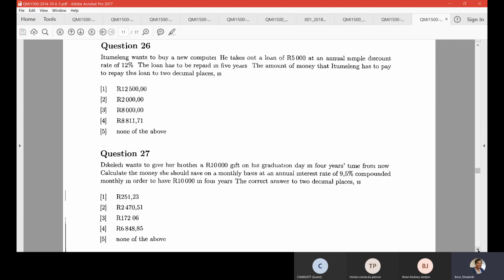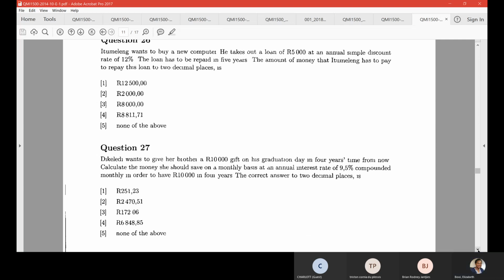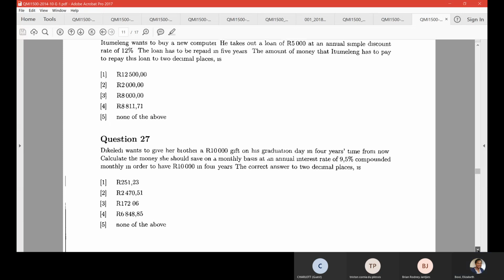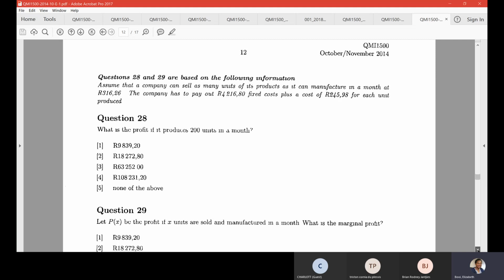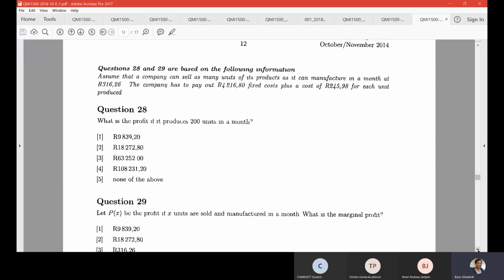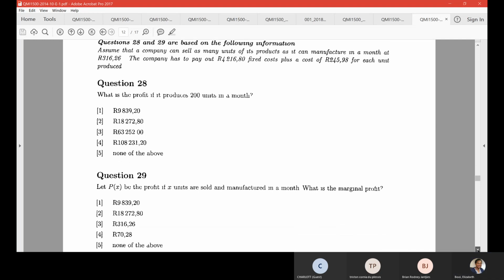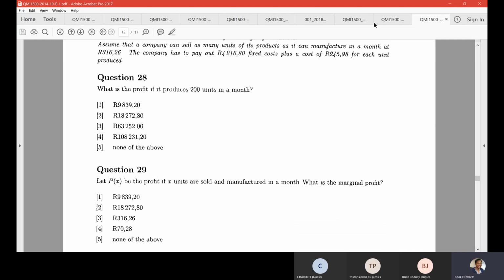Simple interest. Compound interest. Yeah, this is differentiation.